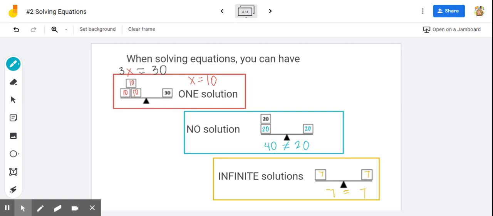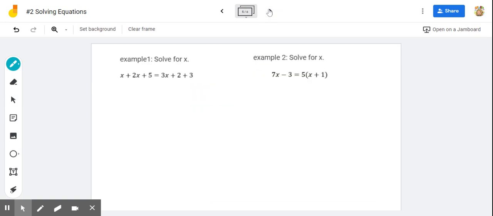So what we're going to do is use our solving process from before, and we're going to do 4 examples together. If I take a look at example 1, a lot of you would say, okay, Miss Weldy, can't I just type that into Desmos? If I do try to type this into Desmos, please take a look here with me, I don't see anything graphed.